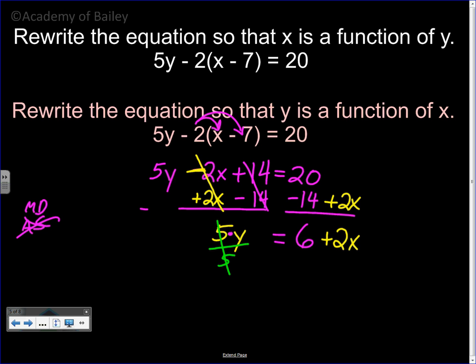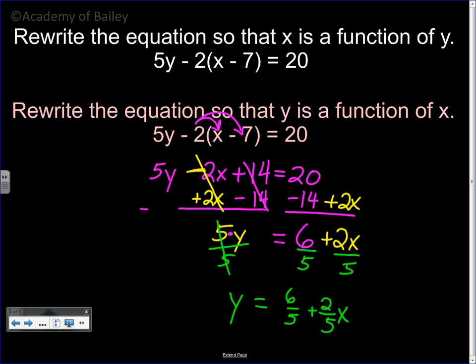Now if I divide the left side by 5, I have to divide the whole right side by 5. And that means I have to divide everything by 5. And so, we now have y by itself, which is y equal to 6 over 5 plus 2 over 5 x.